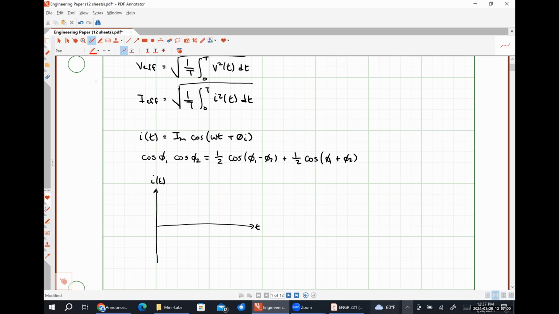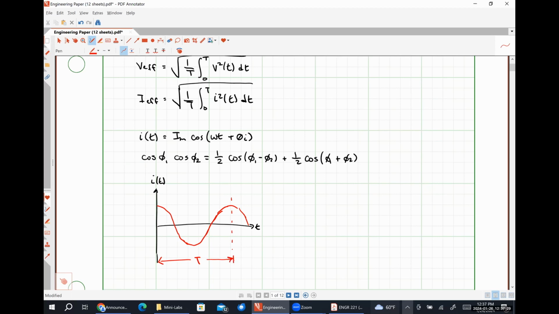We're dealing with a cosine function, so let's just pretend for now that our phase angle was 0 degrees. So that would look something like this, where this amount of time from one positive peak to the next positive peak is our period T.